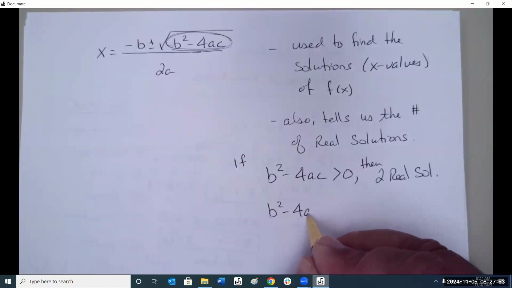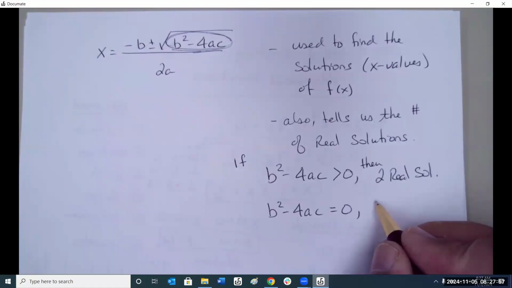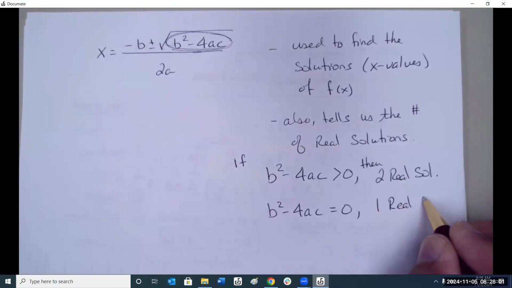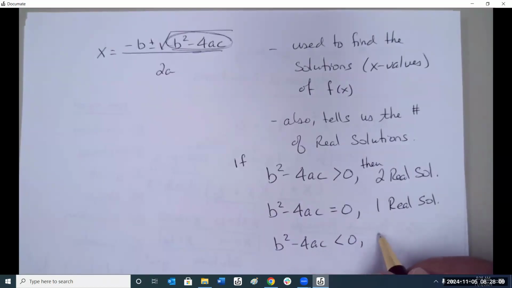If b squared minus 4ac equals 0, then we have 1 real solution. And if b squared minus 4ac is less than 0, then we have no real solutions.